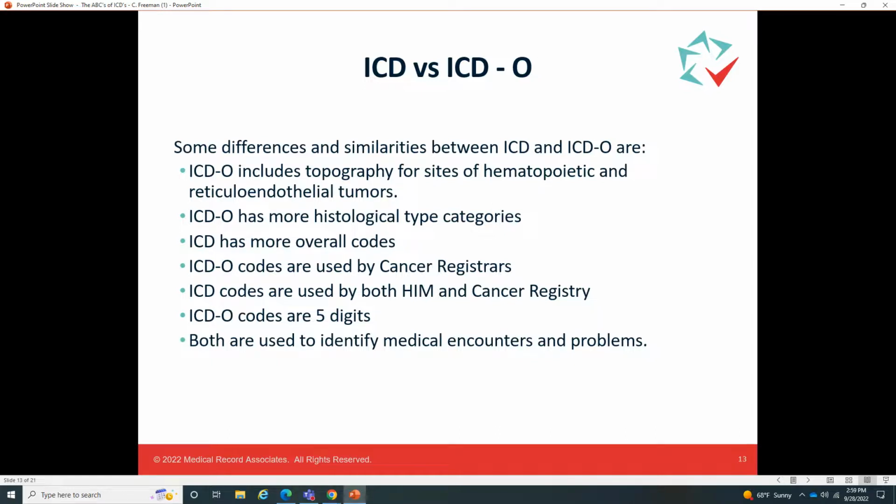ICD-O has more histological type categories. ICD has more overall codes. ICD-O codes are used by cancer registrars. ICD codes are used by both Health Information Management and Cancer Registry. ICD-O codes are 5 digits, and both are used to identify medical encounters and problems.